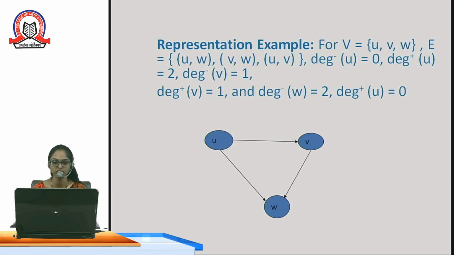Because no arrow is coming in. If an arrow is connected to that vertex, then it is counted as in-degree. If no arrow is connected, then its degree is 0. But degree plus of u is 2. Why? Because two arrows go from u to the different vertices v and w. Therefore, its degree is 2. It means the in-degree of u is 0 and the out-degree of u is 2. Similarly, for v, the out-degree is 1 and the in-degree is 2.